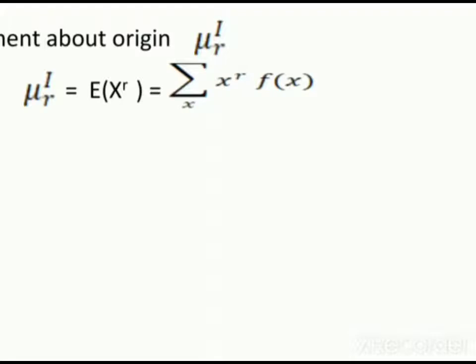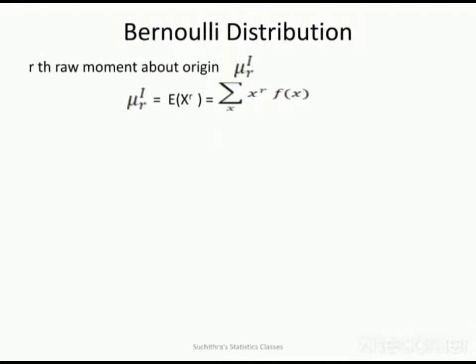Being a discrete random variable, this is equal to summation over x of x raised to r f of x. Here x takes the value 0 and 1, and f of x equal to p raised to x q raised to 1 minus x.